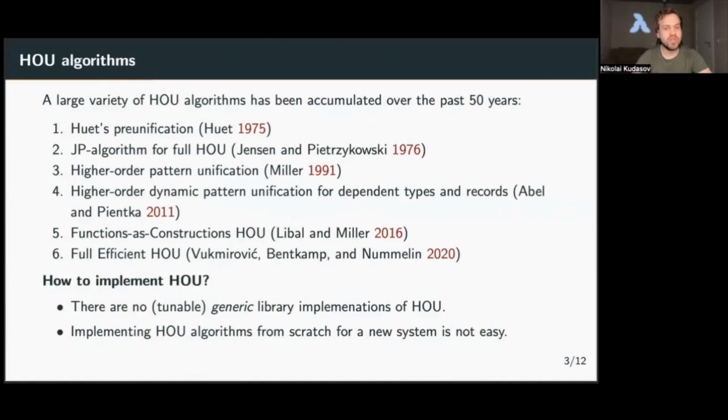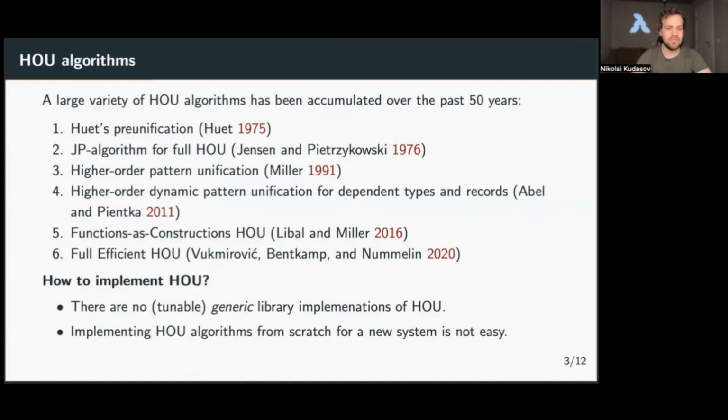That said, reusing these implementations is not really straightforward. The algorithms in the literature are often stated for a simply typed lambda calculus or a similarly minimal language, and implementations are often bound to a particular core language or a tool. To the best of our knowledge, none of the higher-order unification algorithms are available as a library implementation that is ready to be reused by a developer of a new formal system.